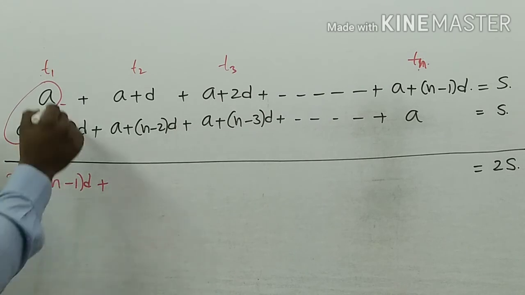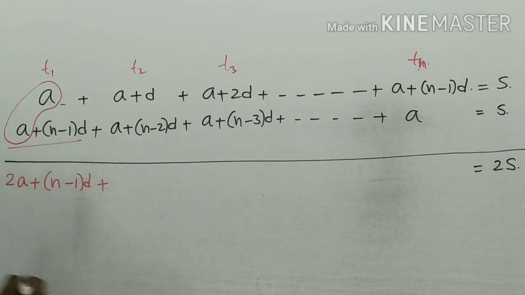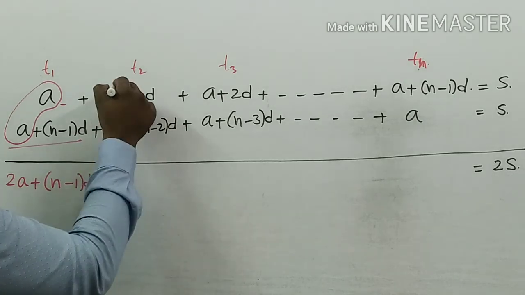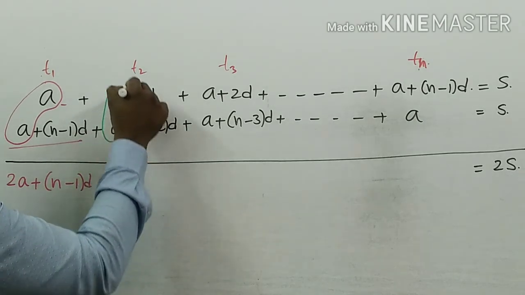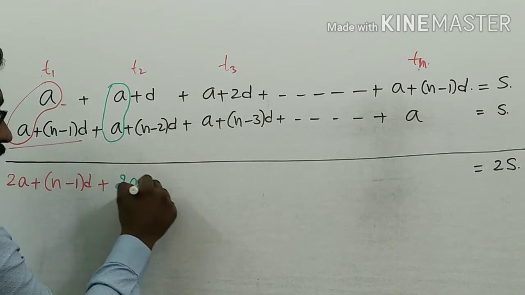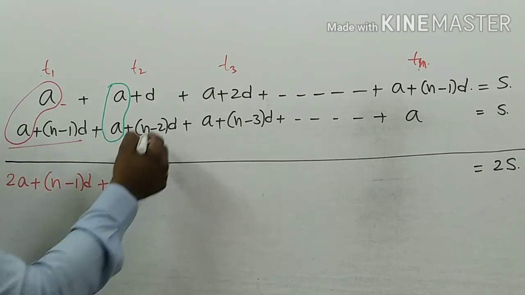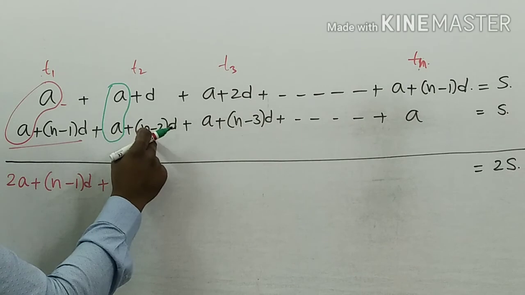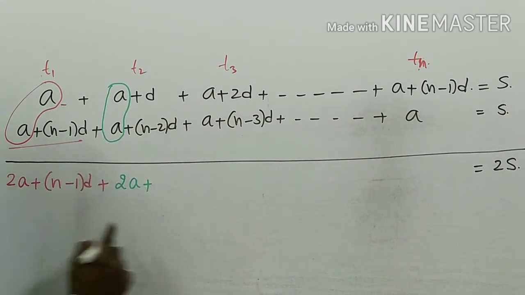This is the first one. Now the second one I am adding: a + a is 2a, plus here d, (n − 2)d is there.